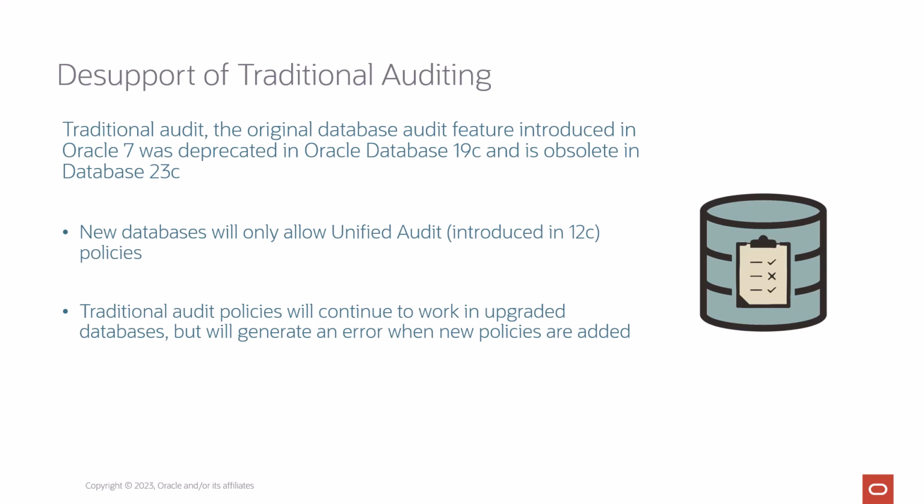There was the traditional auditing framework initially introduced many years ago in Oracle 7, and that was deprecated in 19C but still supported, and the newer framework which had been introduced in 12C, known as Unified Auditing, a much more secure and much more flexible framework. In 19C you could still decide to use either one, but in 23C you now have to use the better framework known as Unified Auditing.